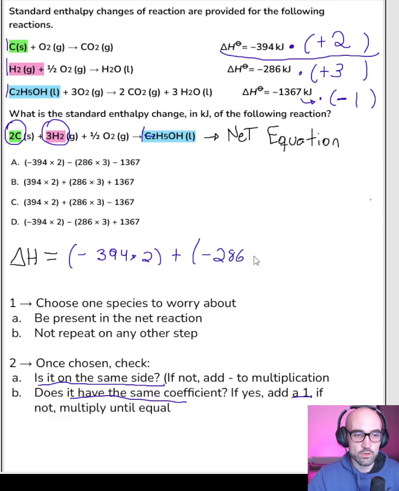Just repeat the original times 3. And in here, we're multiplying a negative number, minus 1367, by negative 1. So that is, sorry about that, that is plus 1367. Minus times minus plus.